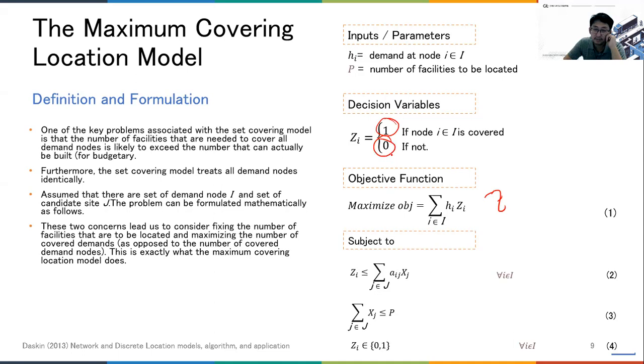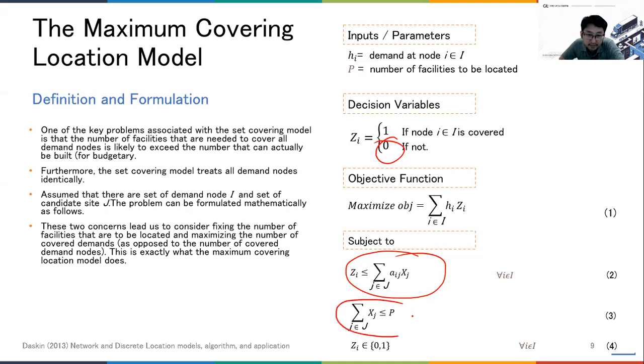If not, it will be 0. And you are allowed to have some demand not covered here. Not the same as the previous model, where all the demand nodes should be covered. Okay, so this is the difference between this particular model and the previous one.